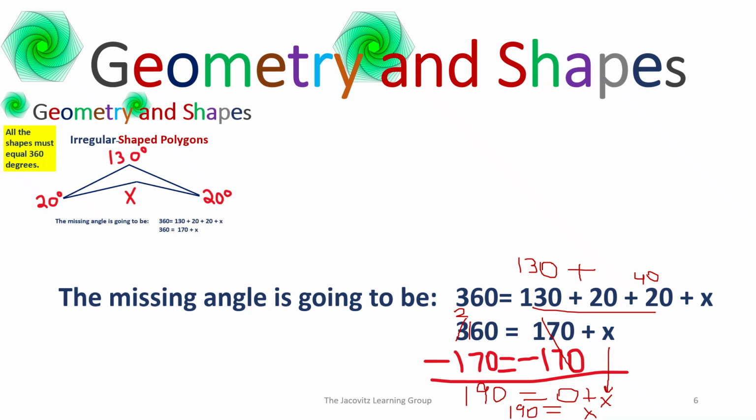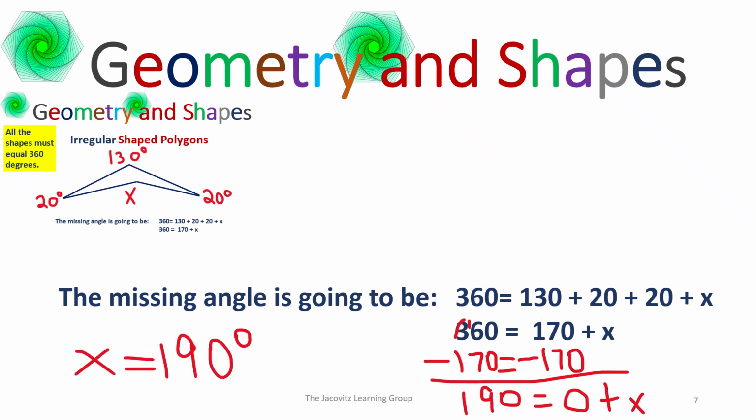And there's a way to add that back to see if it equals 360. So we're going to do that. If you put 190 plus these two, which are equal to 40, that's 230, and then you do 230 plus this 130.